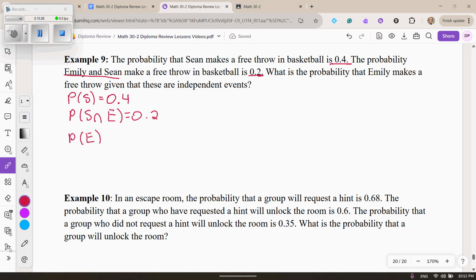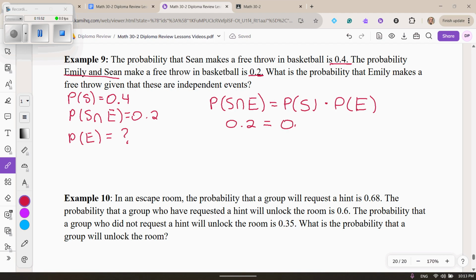So if these are independent events, our formula is going to be the probability of Sean and Emily making it is equal to the probability of Sean multiplied by the probability of Emily. So subbing into our equation, we're going to have 0.2 equals 0.4 times the probability of Emily.